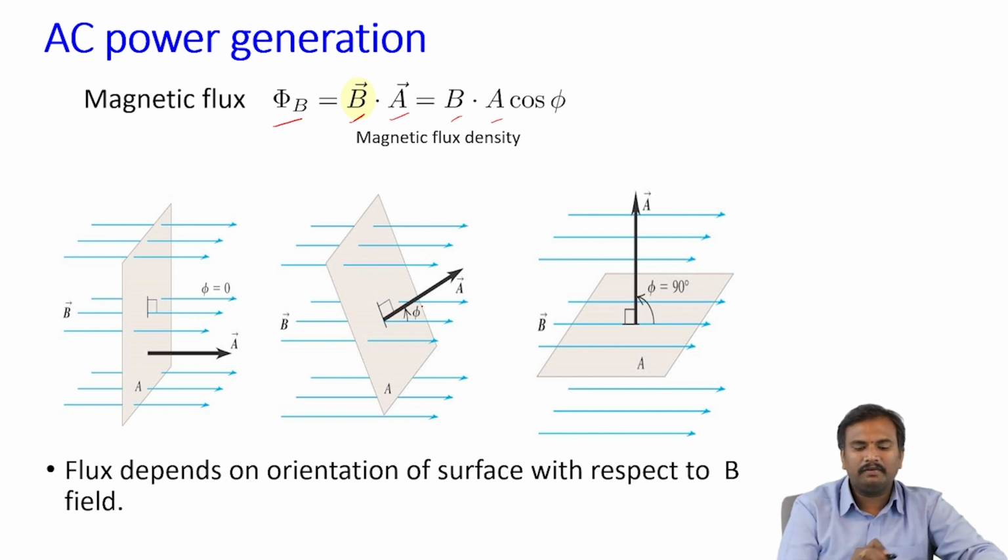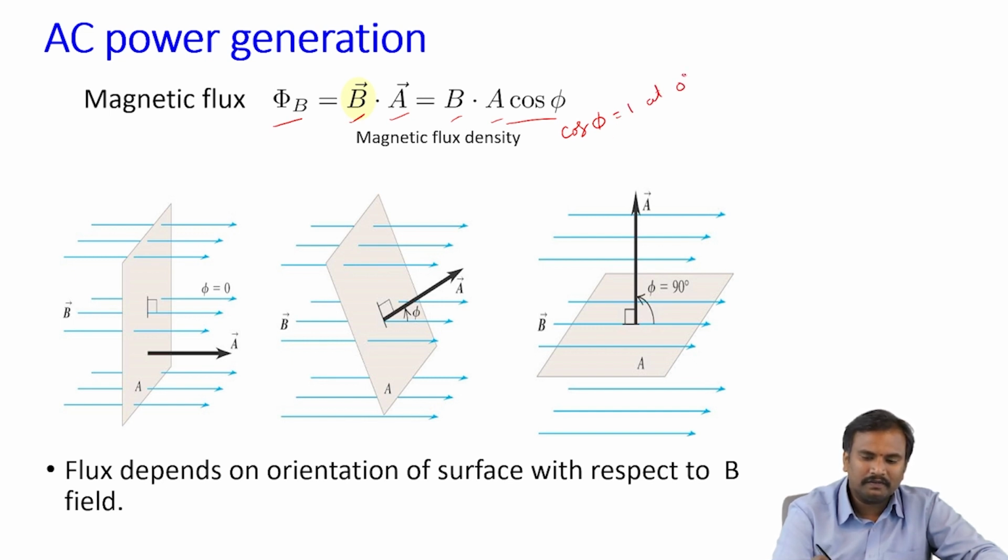conductor which we are placing. The cos phi value is 1 at 0 degrees, and it goes on reducing until cos phi is 0 at 90 degrees.